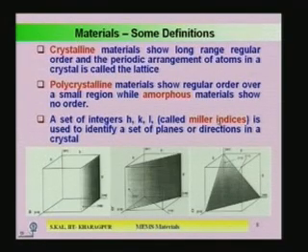For example, silicon basically has a cubic crystal structure. You can see the x, y and z, these 3 axes, and this is a cubic crystal structure. Now, say this is x, this is y, this is z.